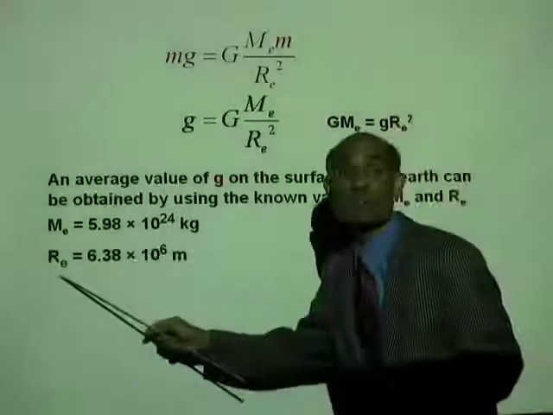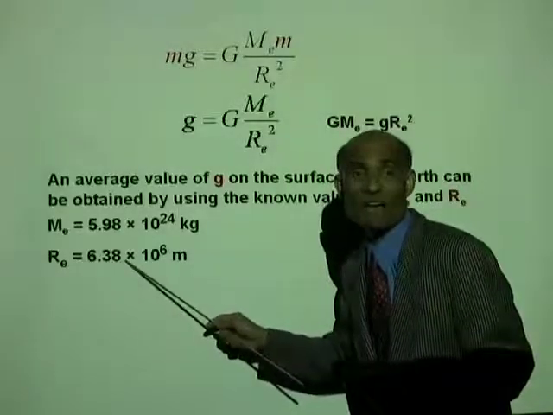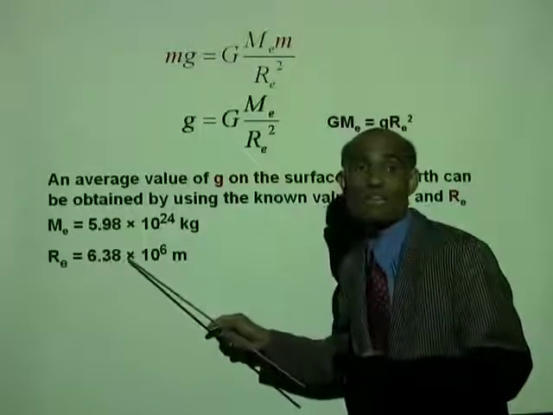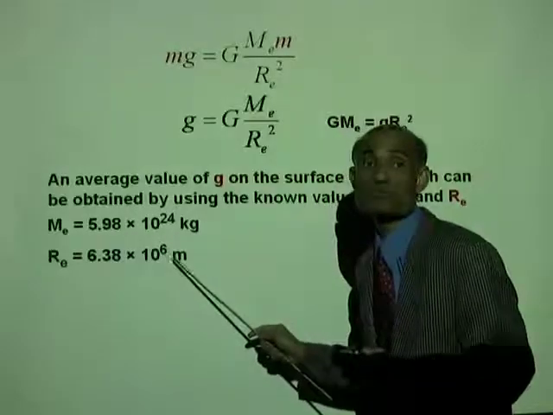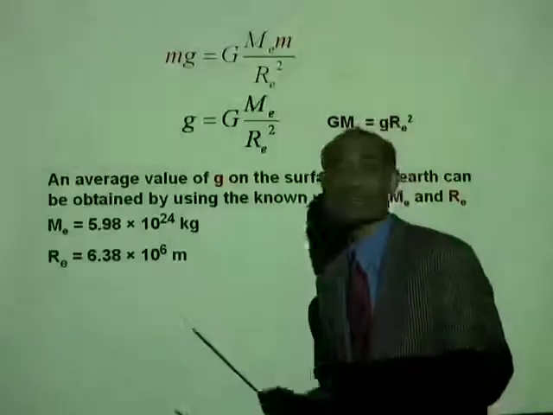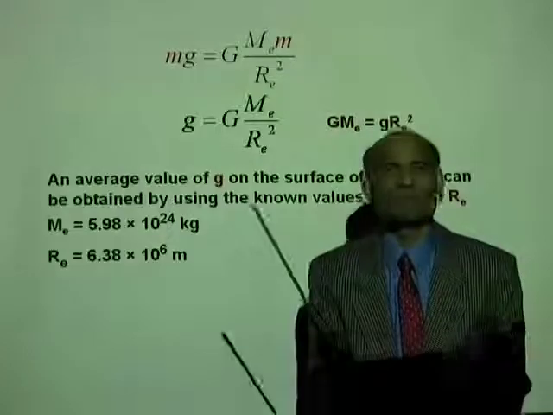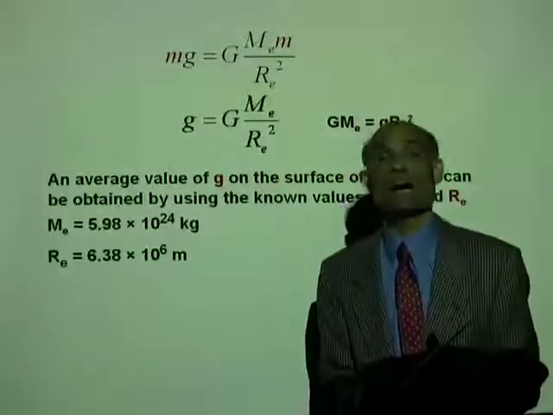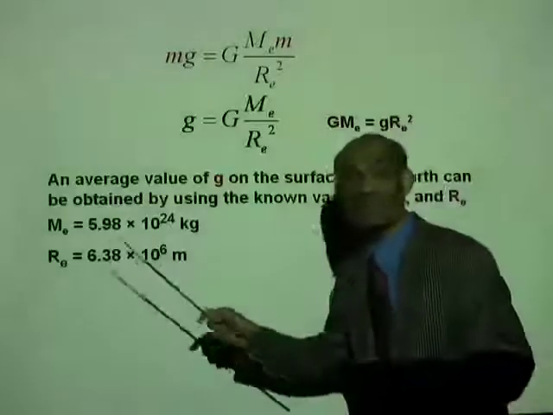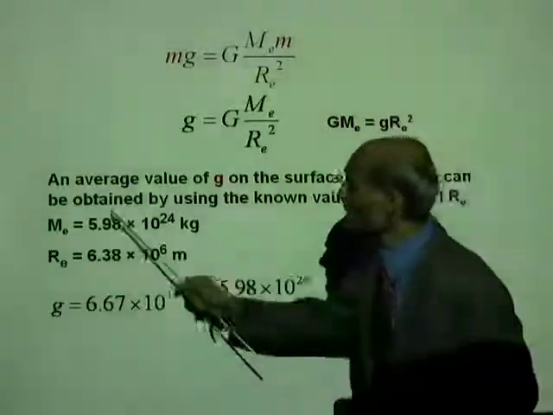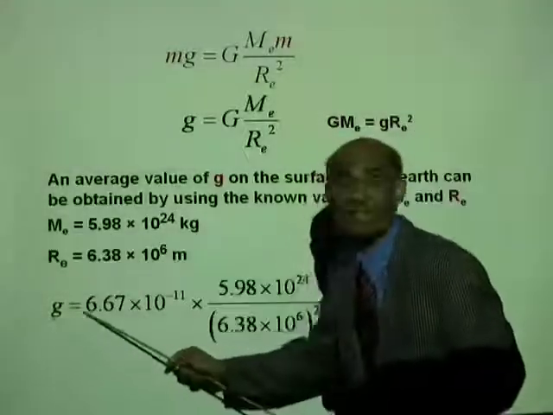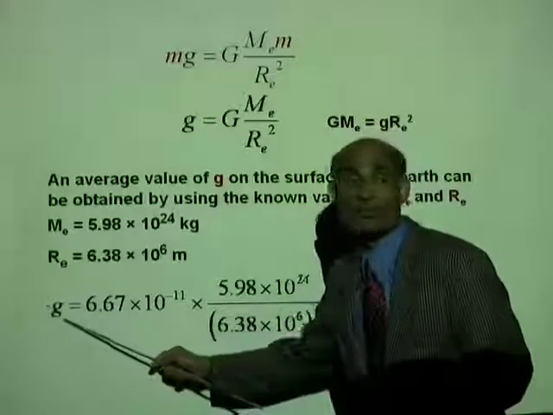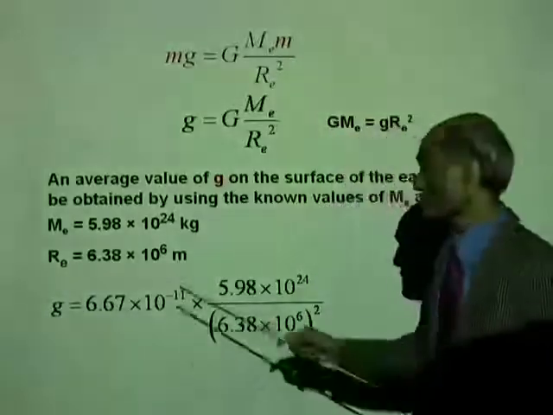And the radius of the Earth, I would like you to remember this value, 6.38 times 10 to the 6 meter. That is the radius of the Earth. But the average value, we know the radius slightly differs at the equator and at the poles. This is an average value. And using these two values, we can calculate a value for acceleration due to gravity.